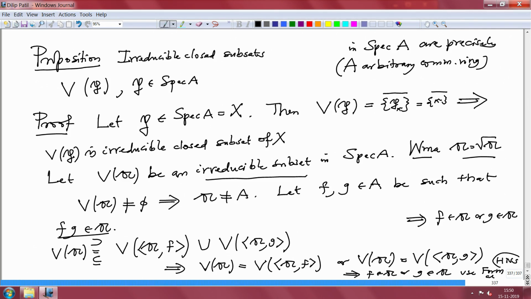That will follow from that, and therefore we have proved that irreducible closed subsets in a spectrum are precisely V(P).